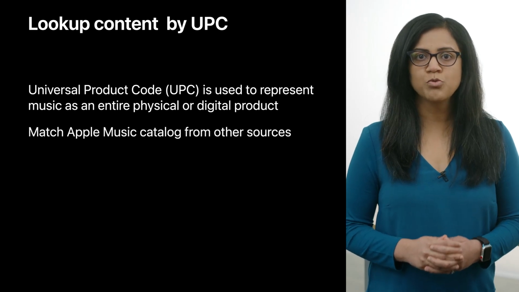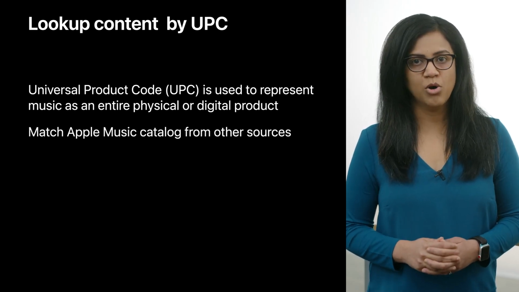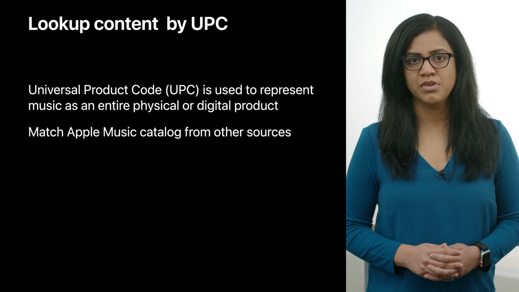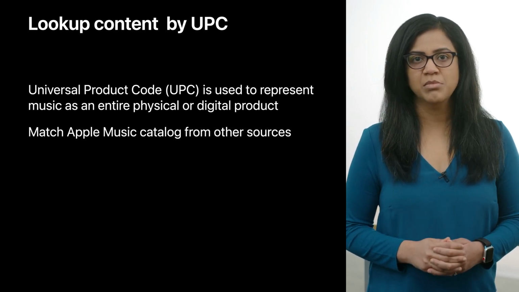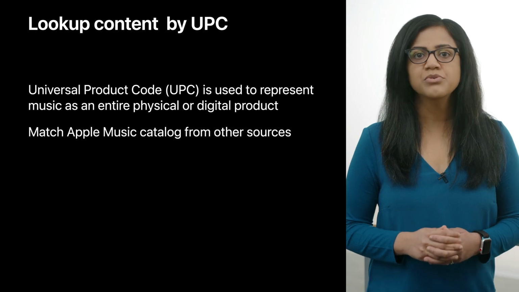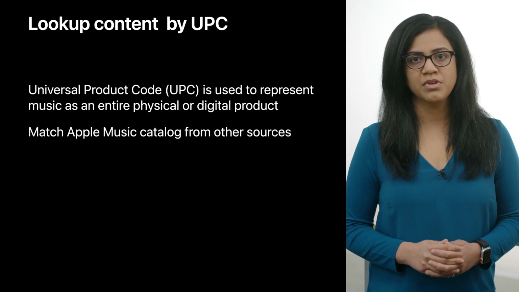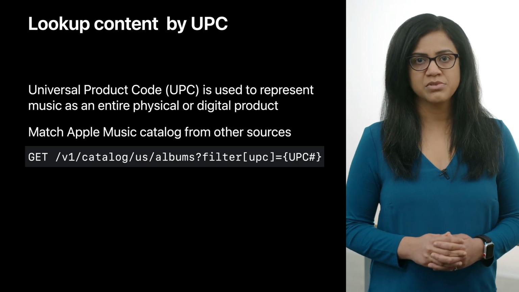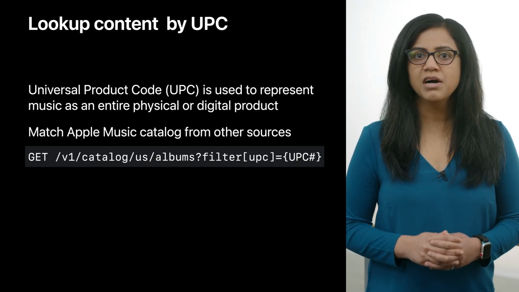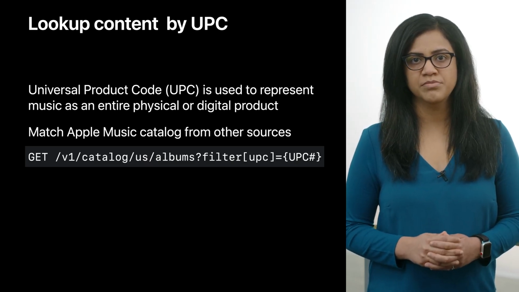This allows you to match content in the Apple Music catalog from other sources. We think this is a good addition to the API that we added last time to allow looking up content using the ISRC code. To get an album using its UPC, add the query parameter filter UPC, and pass the UPC ID for the album.